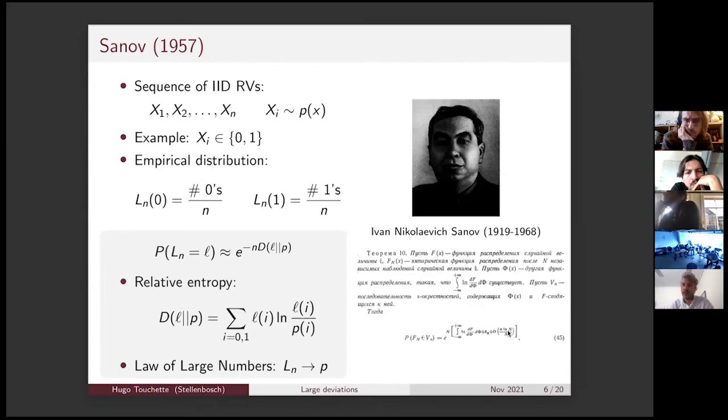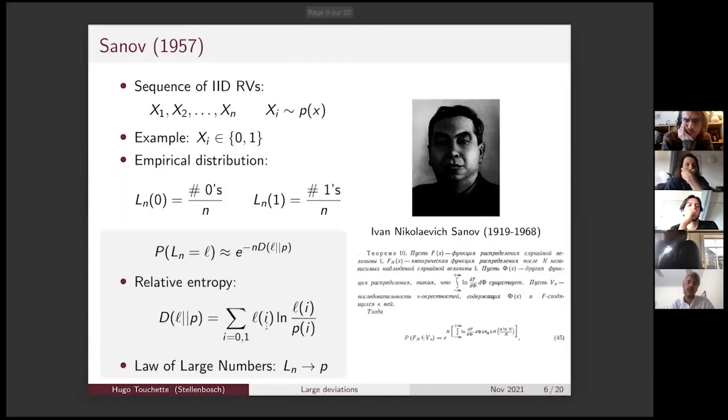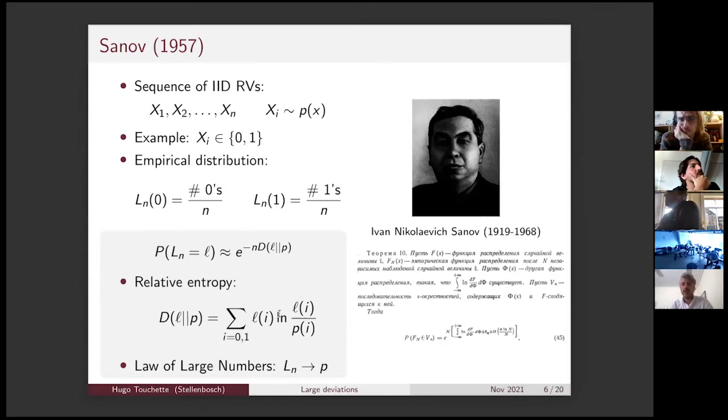Now, of course, you can go a bit like Cramér and try to find the corrections if you want. But this is more difficult. So Cramér is able to do it for a sample mean of real random variables. But if you try to find corrections here for the Sanov problem, it's just including all the corrections beyond Stirling. Right? Because you start from the multinomial distribution. So the multinomial distribution is the exact distribution. And so what you're doing to get the large deviation term is that you take the crudest Stirling approximation to get the exponential term.